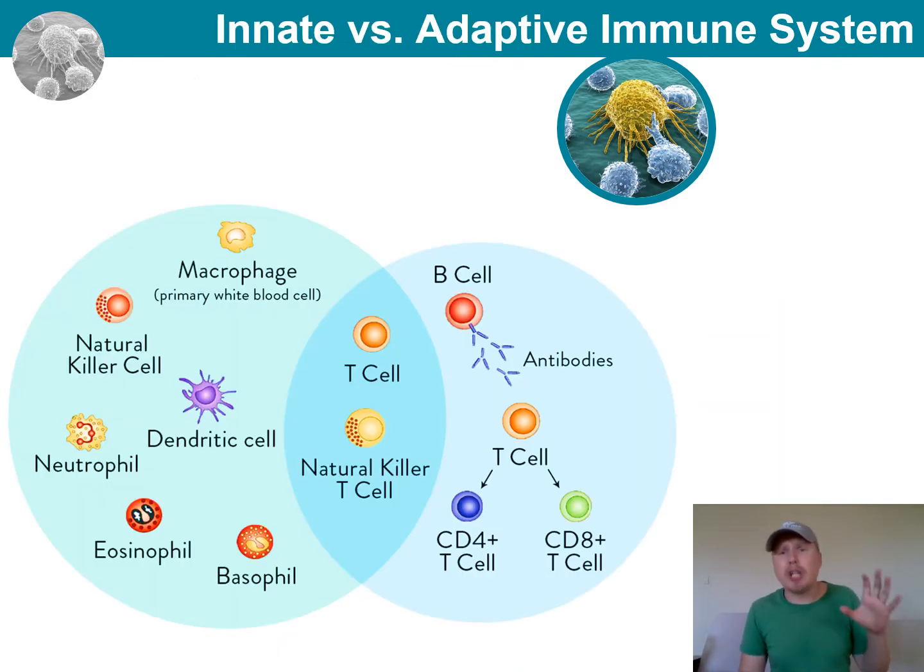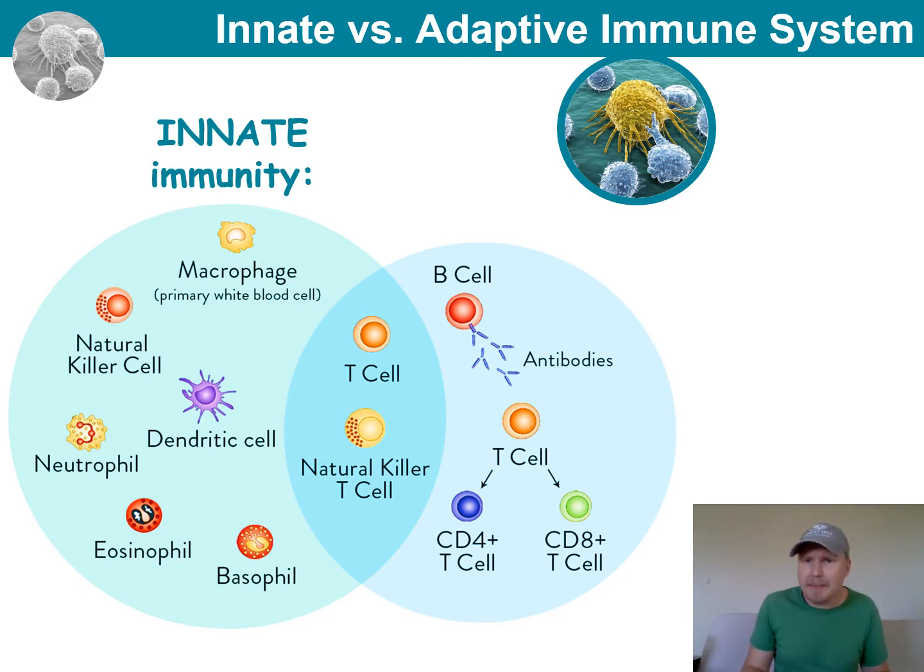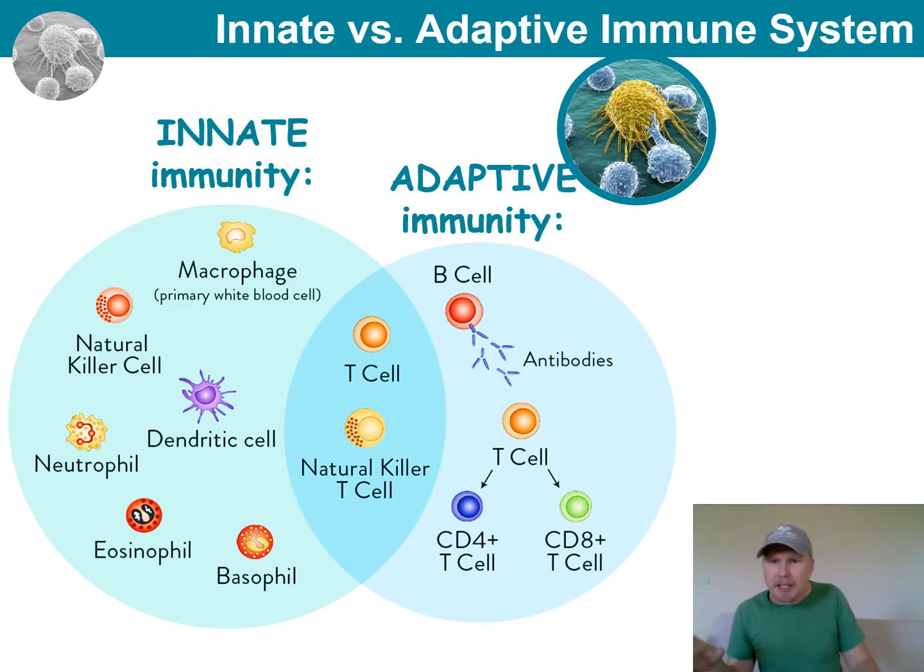So here is a really nice diagram showing the innate immunity on the left and adaptive immunity on the right. And we also see the different cells that are involved in each of these. Also, please note that there is overlap between the two, just like I said in our very first video when I introduced you to the immune system.